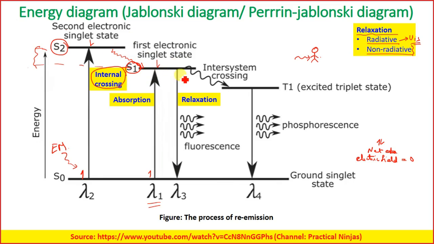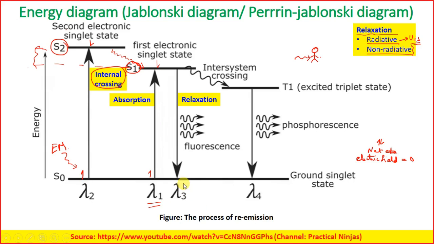So it is losing some energy while coming from S2 to S1. This process is called internal crossing, it is a non-radiative process, and there will be no emission of the visible light spectrum.